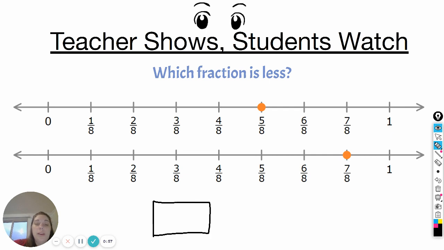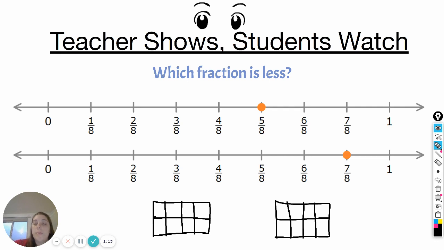So say I'm comparing these two shapes. Both of them are broken into 8 pieces. The first one has 5 pieces shaded.